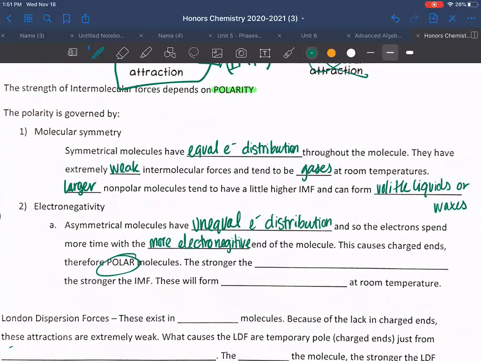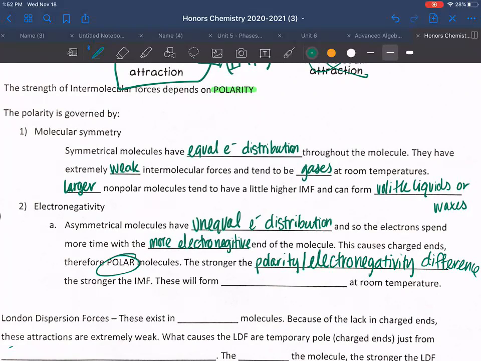And so with those partial charges, would the more electronegative side get the positive or negative charge? Negative, because the negatively charged electrons hang out on that side. So just recall that. And so the stronger the polarity, or think of it as the electronegativity difference, you're going to have those stronger intermolecular forces.